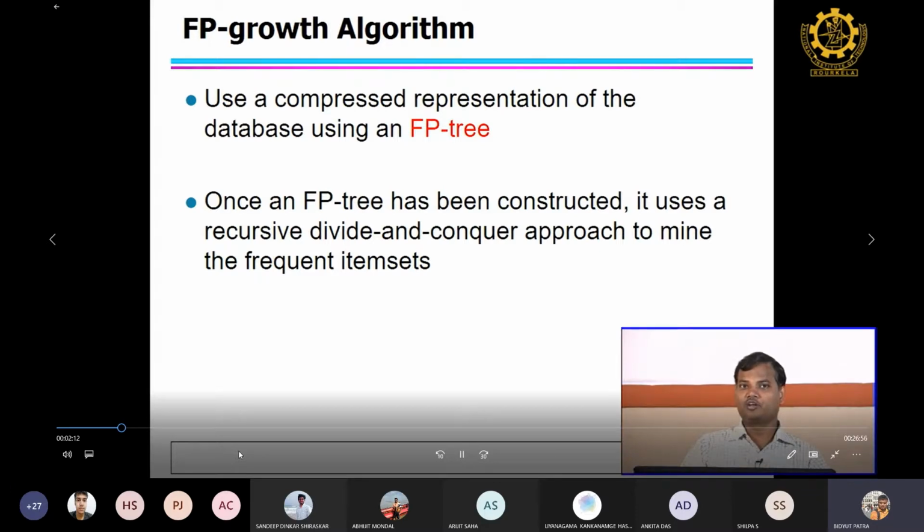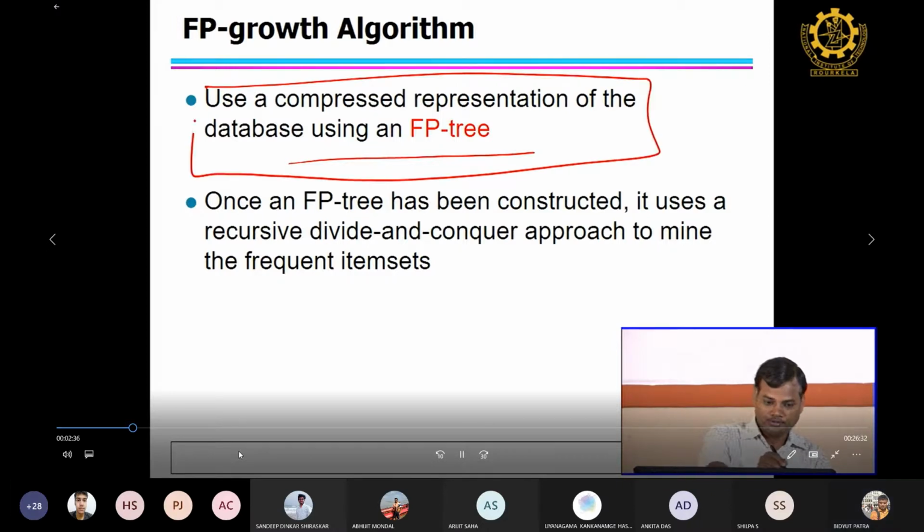Or if we find the closed or maximal item sets, we can find the rules. So today we will focus on how to represent the database in a compressed way. That is called the FP tree, the frequent pattern tree.